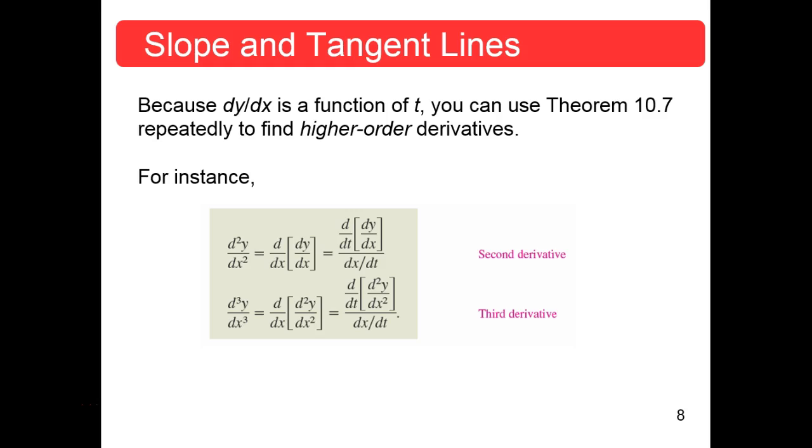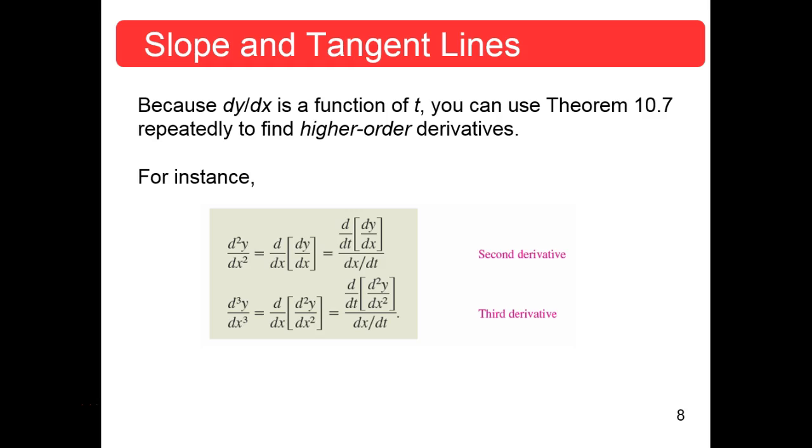And then here's what we were just doing. Because dy dx is a function of t, you can use that same theorem before repeatedly to find higher order derivatives, because d2y dx squared is d by dx of dy dx. Well, that is d of this with respect to t divided by d of this with respect to t. And that just gives you simply that.